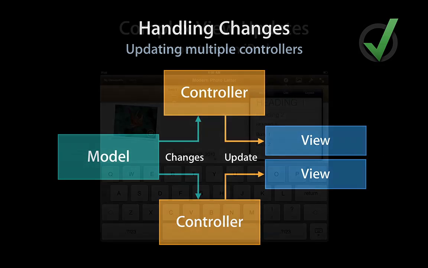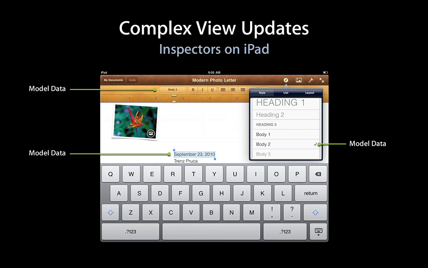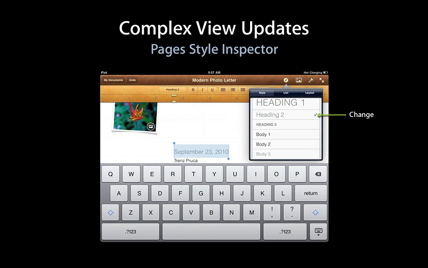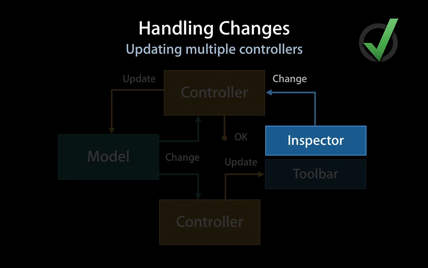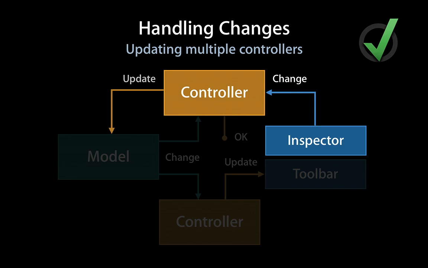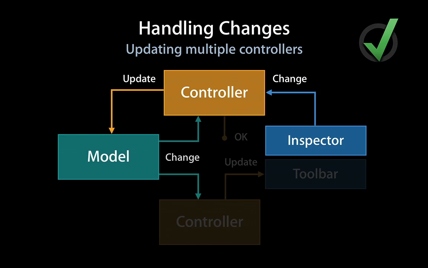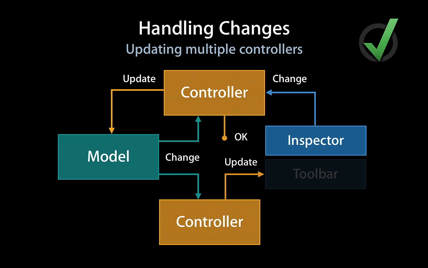But now, showing a real example, going back to this complex view, I've got this body 2 everywhere. Let's say that I change this to heading 2. And now those other 2 places after that change need to be updated appropriately. Again, this might start in the inspector, flow into one controller. That controller is going to tell the model. It's going to then percolate these changes around.